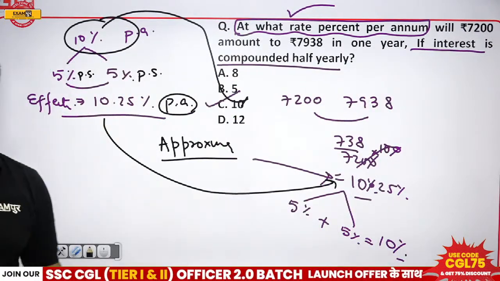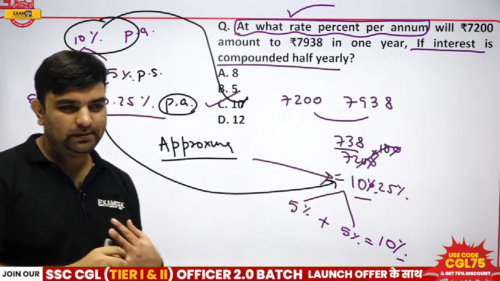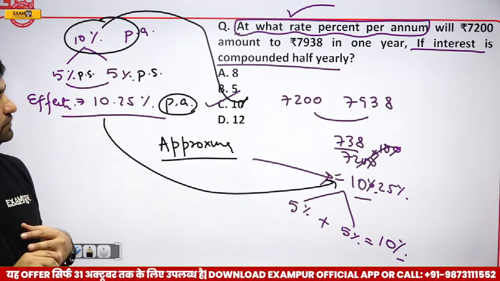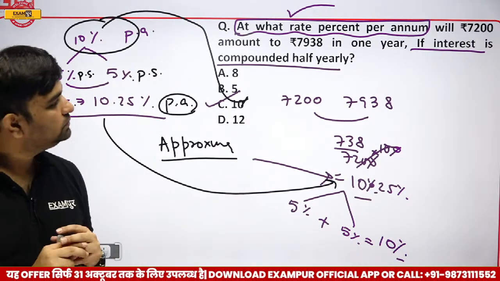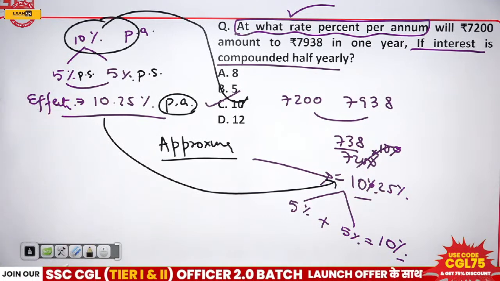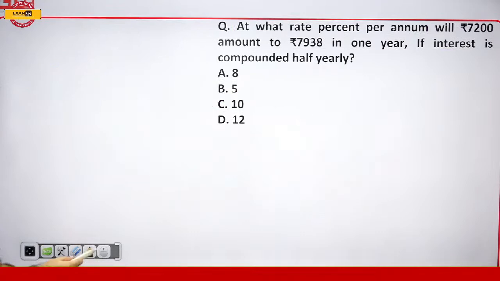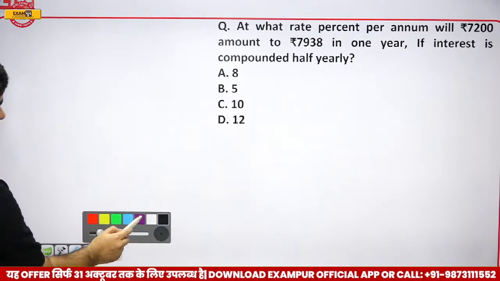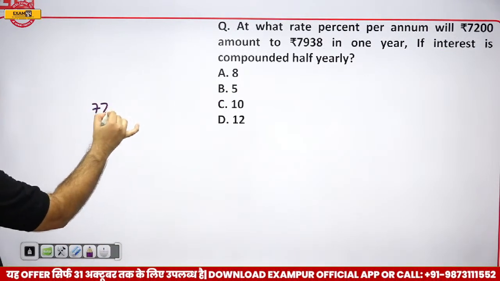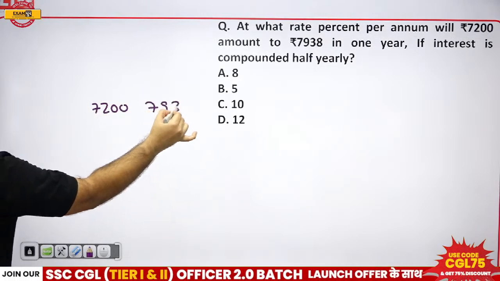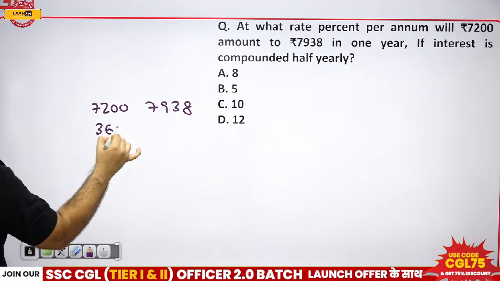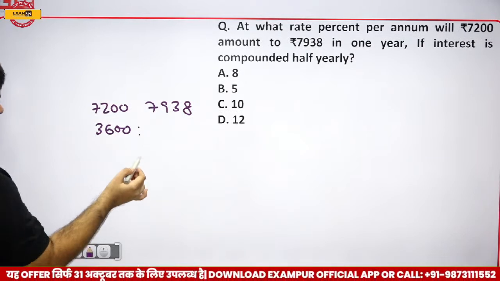What a beautifully made question. If you do it methodically, my dear, then 7200 will become 7938. 3600 simplifying by 2.